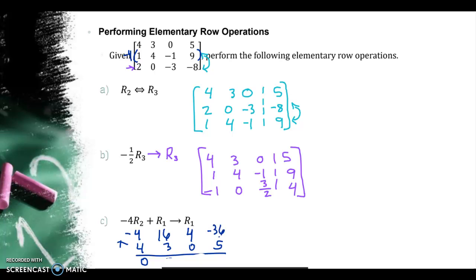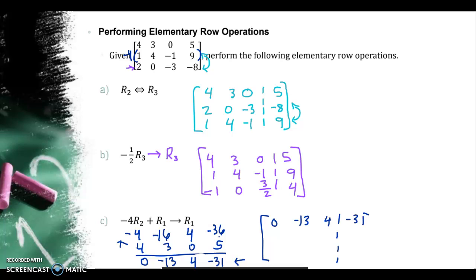So now let's try this. Negative 4 plus 4 is 0. Negative 16 plus 3 is negative 13. 4 plus 0 is 4. And negative 36 plus 5 is negative 31. So my new matrix, since I wanted to replace row 1 with this, is 0, negative 13, 4, negative 31.